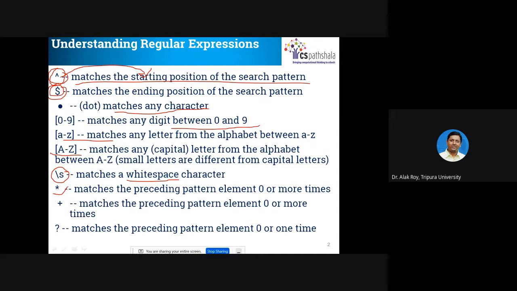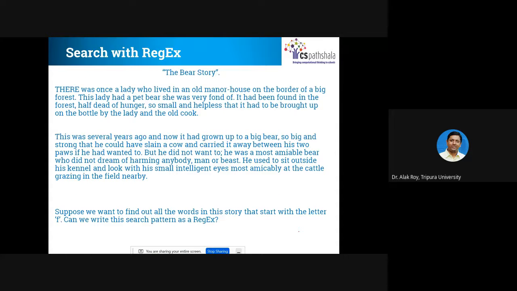Star matches the preceding pattern element 0 or more times. Plus matches the preceding pattern element 1 or more times. Question mark matches the preceding pattern element 0 or 1 times. So these are some expressions we will use.